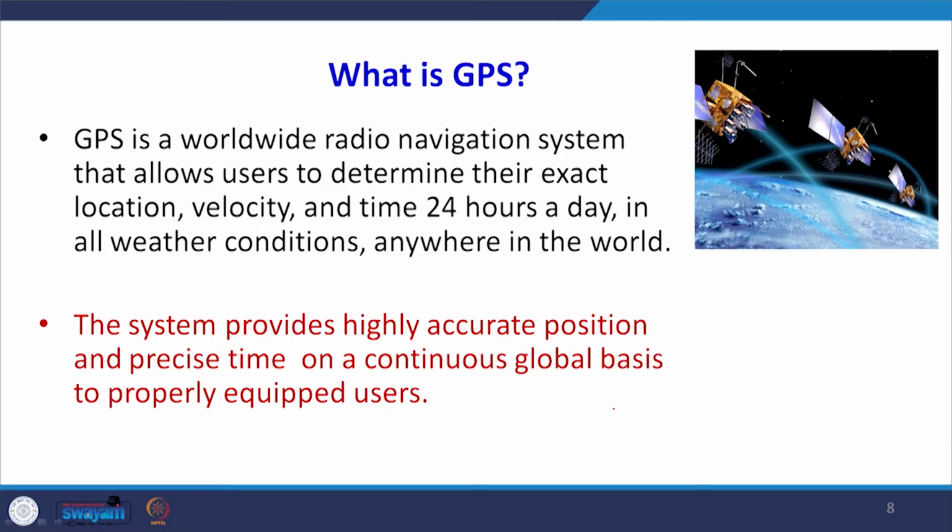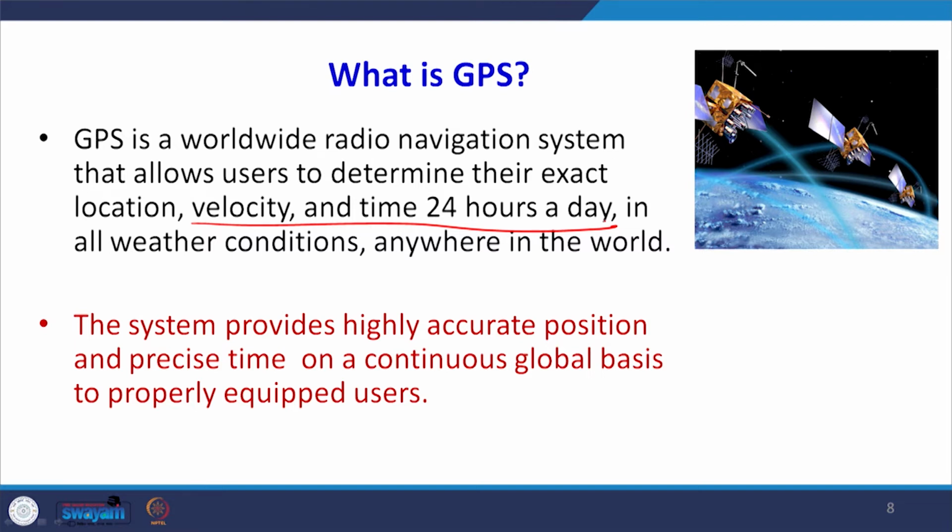So, what is GPS, the Global Positioning System? It is a worldwide radio navigation system, because it uses radio waves that allow users to determine their exact location, and in addition to location we can get velocity and time in all weather conditions anywhere on the earth.